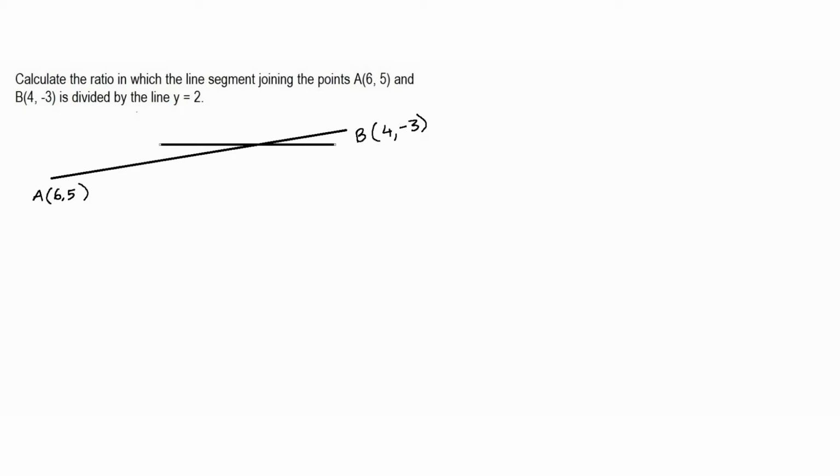Now this particular line y equals 2 is intersecting the line segment AB at the point P. I want to find in what ratio this line y equals 2 is dividing the join of points A and B. So I can say let the line y equals 2 divide the line segment AB in the ratio m is to n.